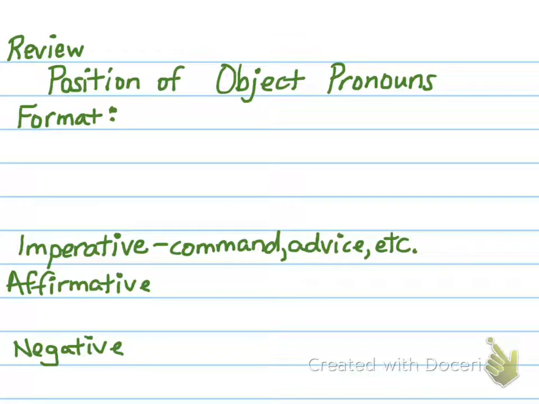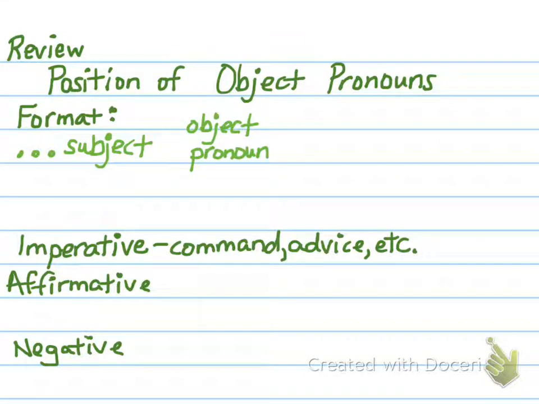In terms of their position, the format is, I put a dot, dot, dot here because it could be a question, but then we're going to have our subject or our subject pronoun. And then we're going to have our object pronoun, whether it's a direct or indirect object pronoun. Then you're going to have your verb.